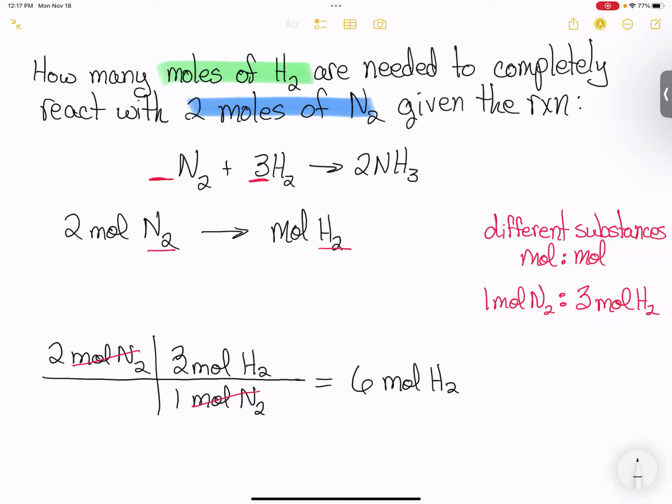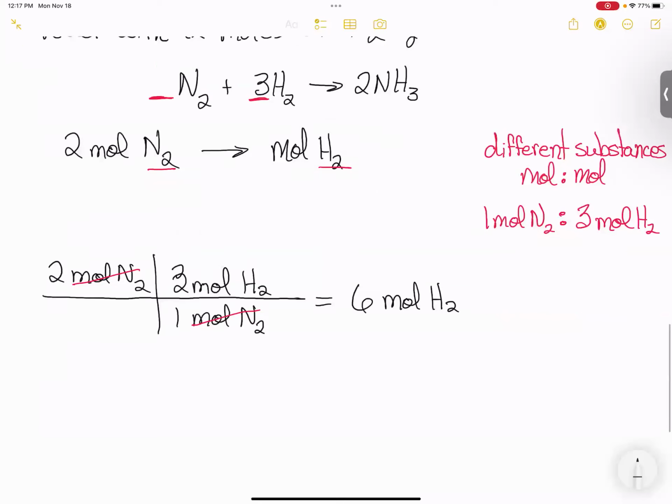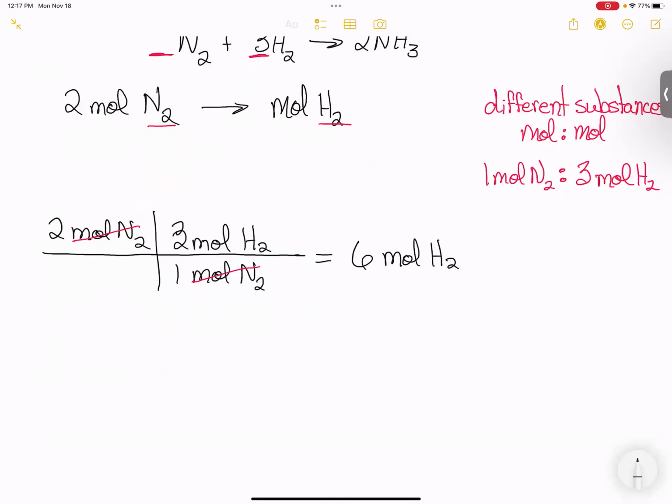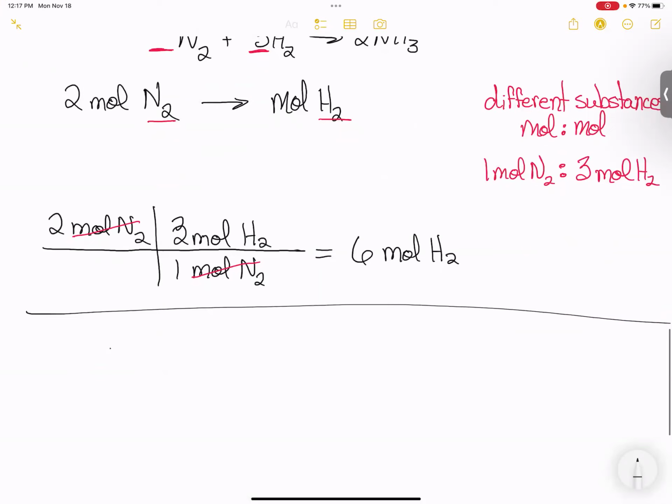Let's take it a step further. Methane gas reacts with 2 oxygen gas to form carbon dioxide gas and 2 water liquid.